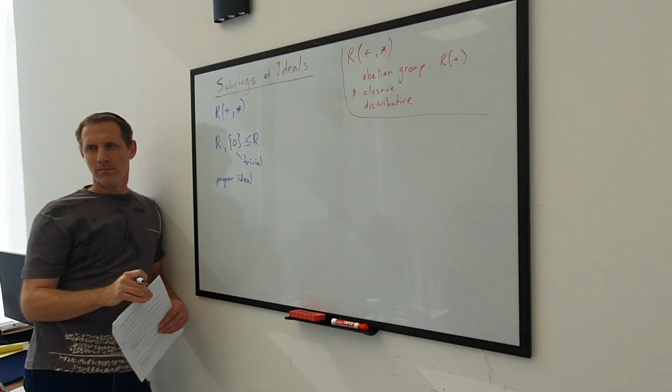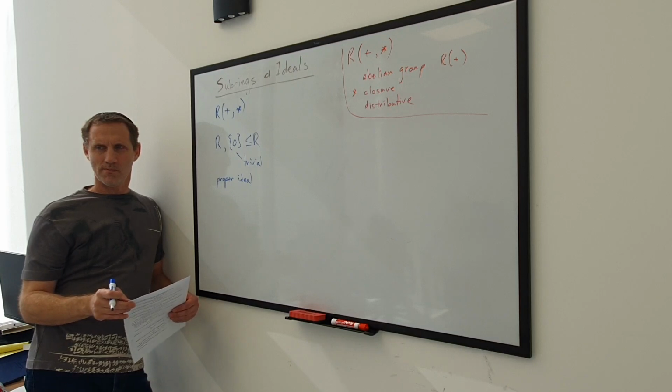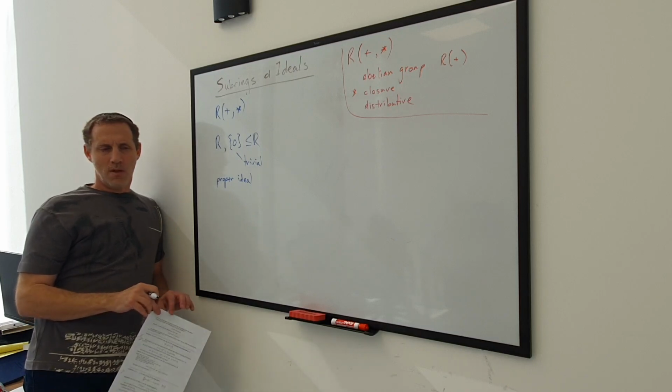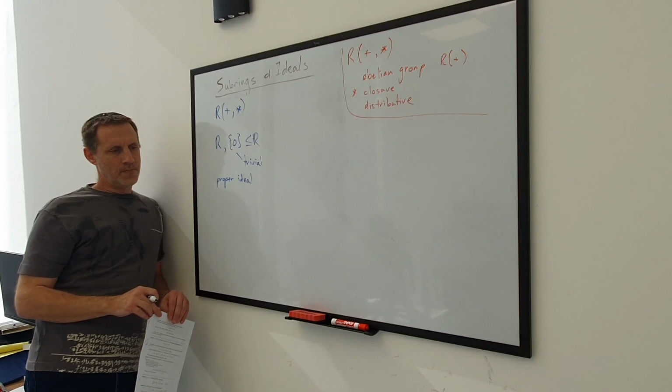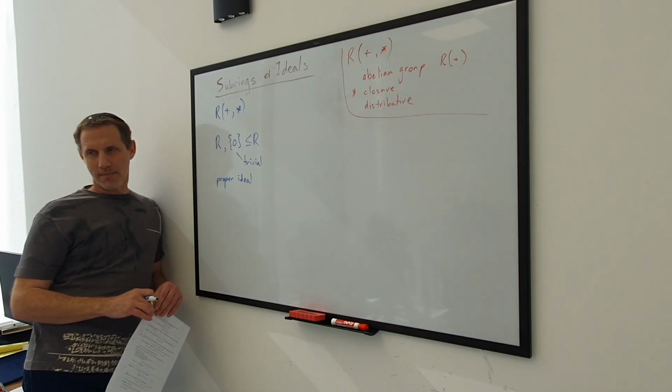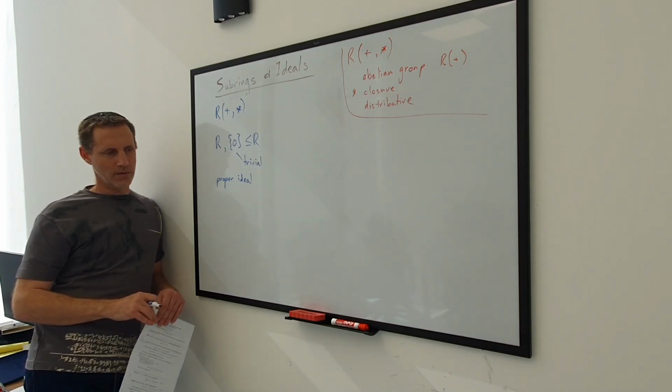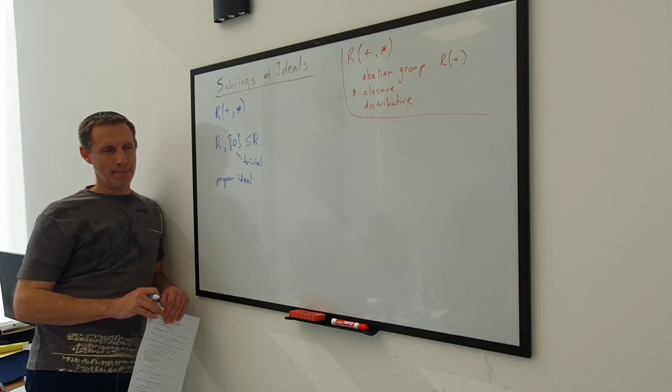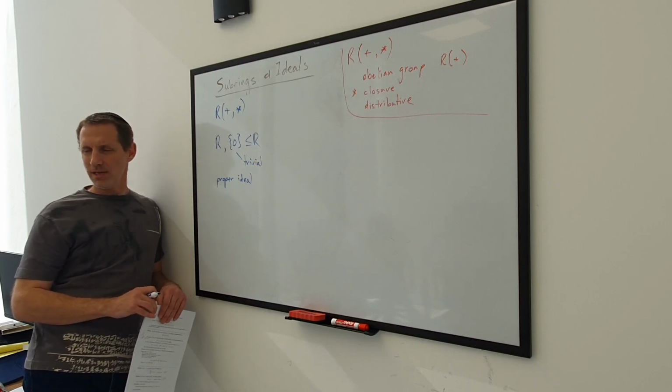Do you happen to know the reason for the name ideal? Is it because of some Platonic idea? Well, I think it's actually more recent. I think it has something to do, and maybe I'll look into it for next lesson, with being able to uniquely factorize the elements.